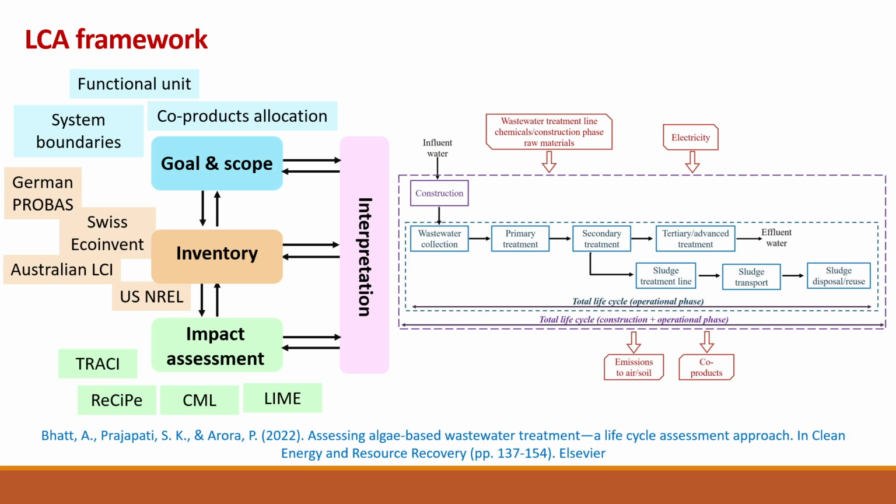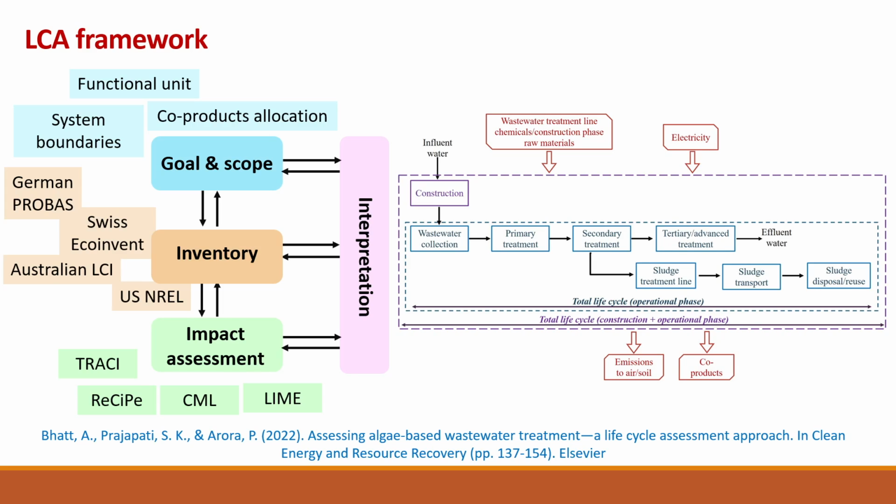As I was talking about the framework, this is again a representation of the framework. The left figure tells you the four main steps. We start with the goal and scope, right? In goal and scope, there are three main parts: one is the functional unit, second is co-product allocation, and third is the system boundaries, right?